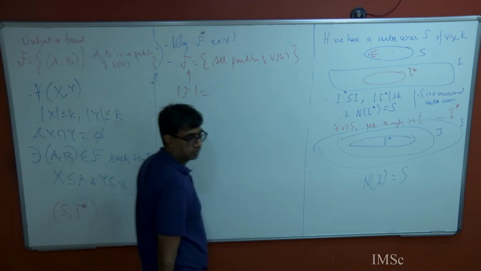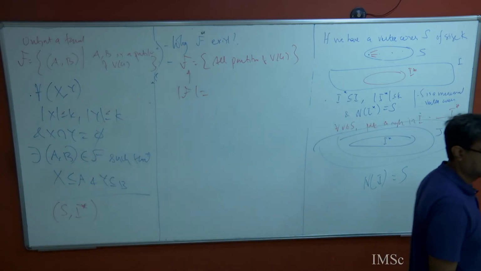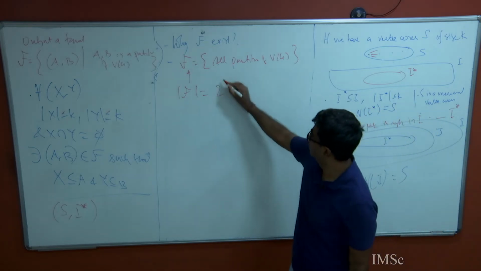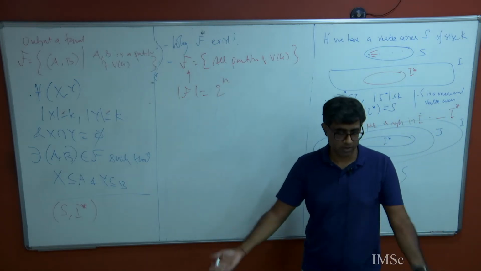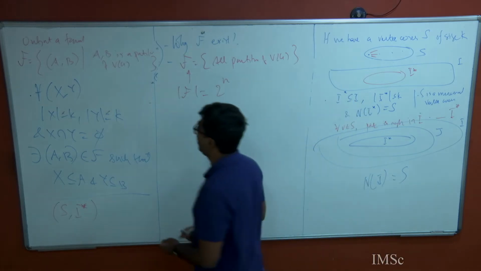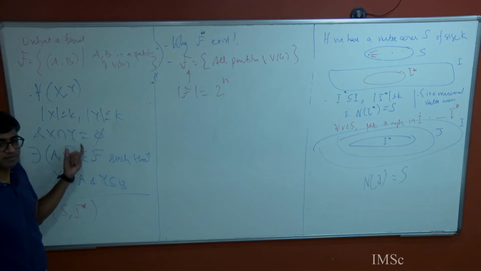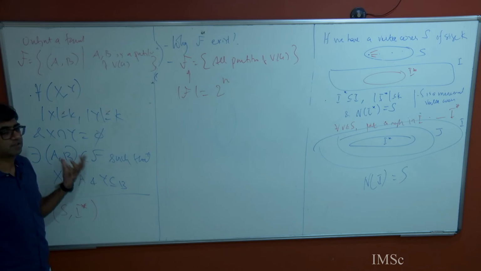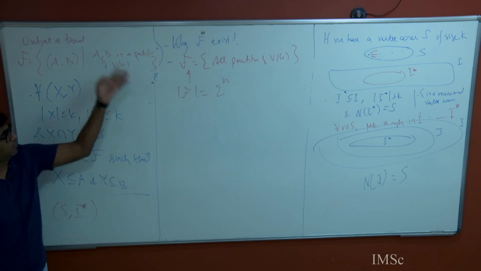What is the size of F? 2 power n, every partition. But this is good for every possible x and y. There is no size constraint. You give me any x and y such that x intersection y is phi, right? This is good.